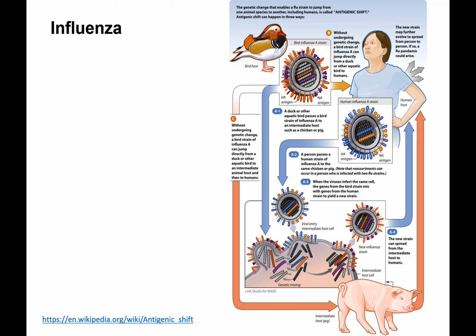This happens primarily in pigs. The reservoir for this virus is aquatic birds. Every once in a while we get a zoonotic event where a bird influenza strain is able to jump to humans.